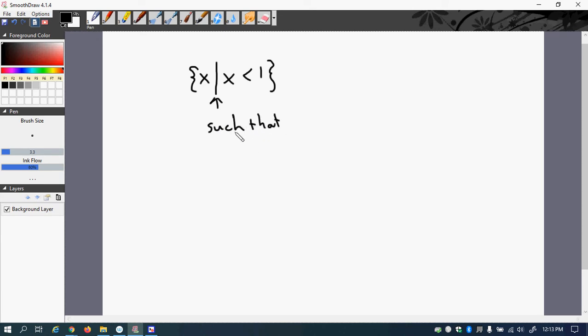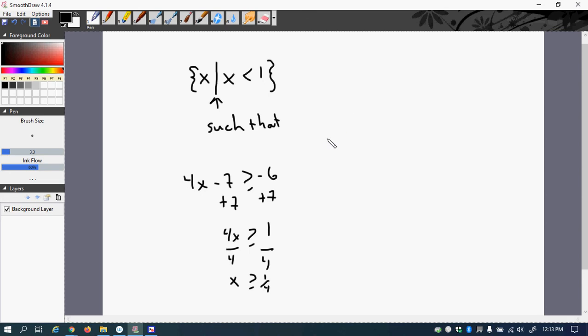Alright, so if we were to solve an inequality like 4x minus 7 is greater than or equal to negative 6, we would just add 7 to both sides. We get 4x greater than or equal to 1, and then divide by 4. So we get x is greater than or equal to 1/4.